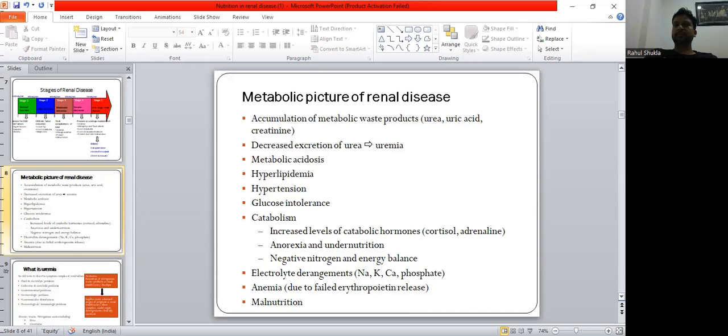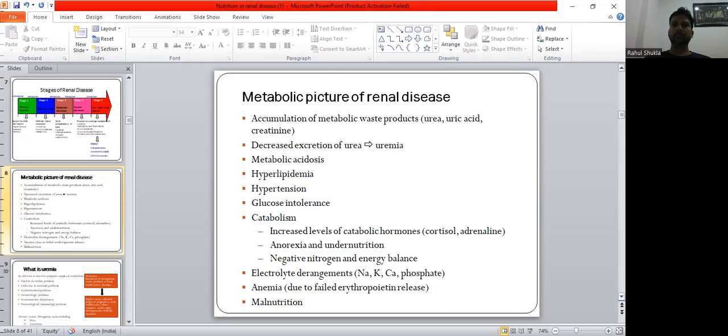Then because of decreased urea excretion, uremia persists, leading to metabolic acidosis, hyperlipidemia, hypertension, glucose intolerance, and also catabolism leading to increased sympathetic tone by increased secretion of cortisol and adrenaline, anorexia and undernutrition because of these uremic toxins, and negative nitrogen balance appears, and electrolyte imbalance like hyponatremia, hyperkalemia, hypocalcemia, and hyperphosphatemia.